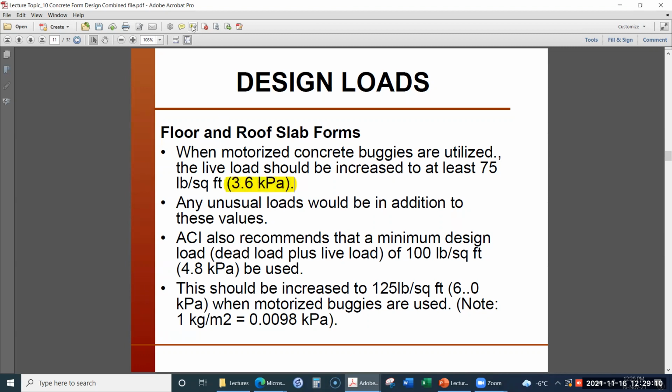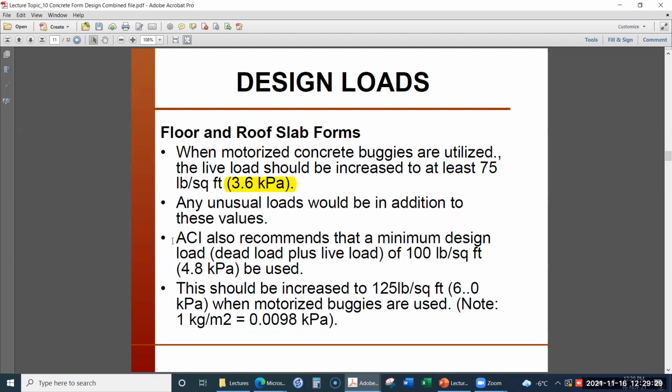So normally the live load is taken as 2.4 kilopascal, but when motorized concrete buggies are used, the live load is increased to 3.6 kilopascal. And in addition, if there are any unusual loads, that will be in addition to these values.